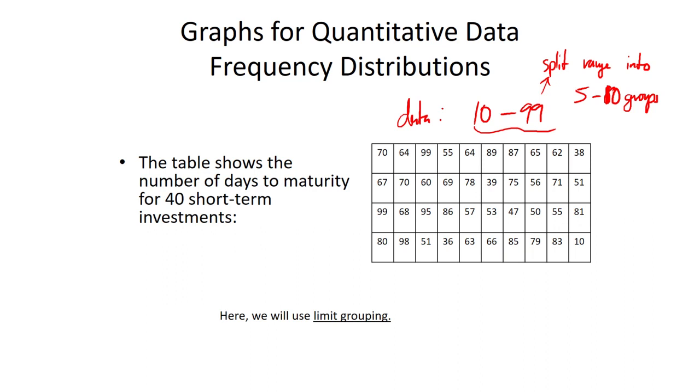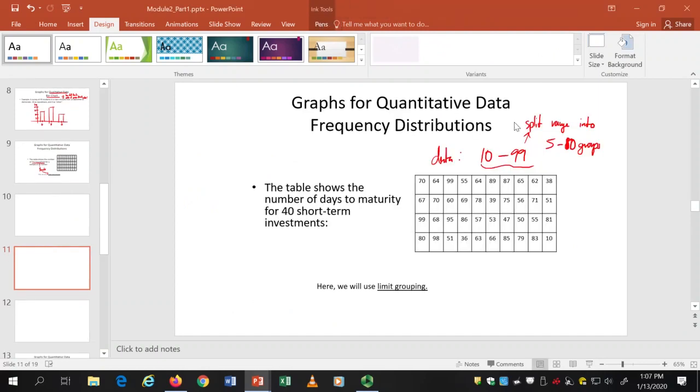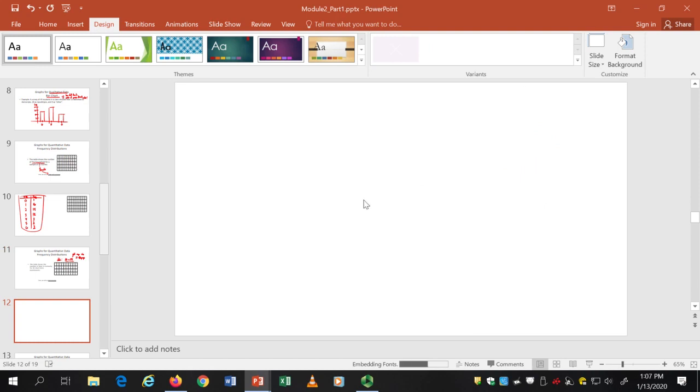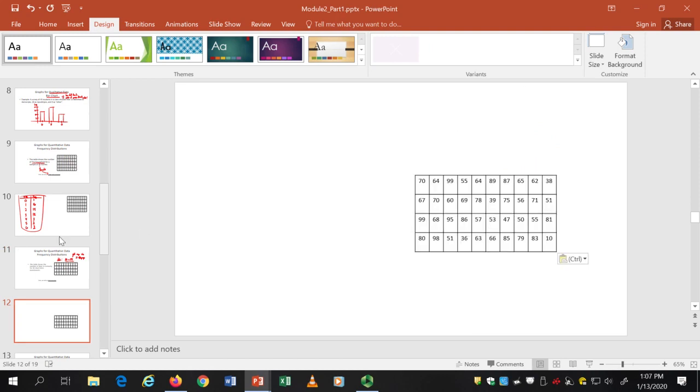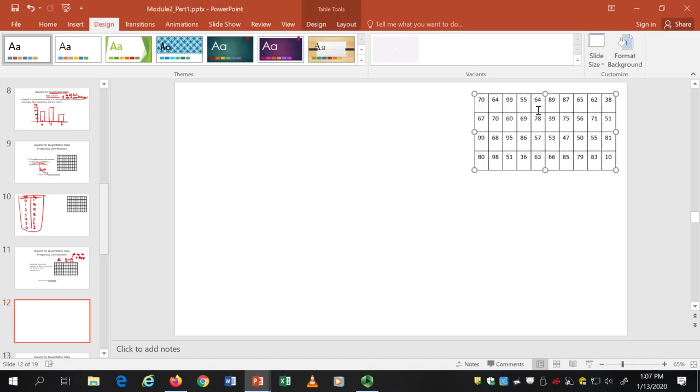So if we think of this as like 0 to 100, we could just do it by 20s, right? So then what we could do is take our data, and again, I didn't keep this, so let me grab the table. All right, so then we could think about sizes of 20.